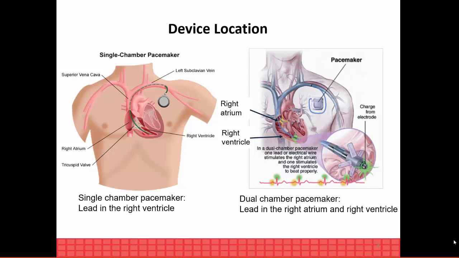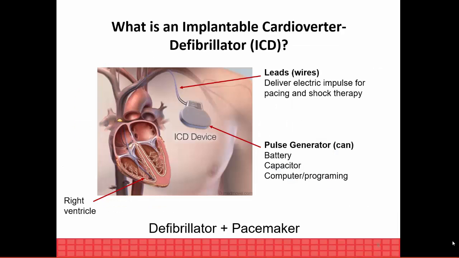The ventricular lead going in first to provide pacing, and then a right atrial lead if a dual chamber device is implanted. So we talked about the two main components of any device, which is the CAN or the pulse generator and the leads. This is just showing you the device and the lead location close up.